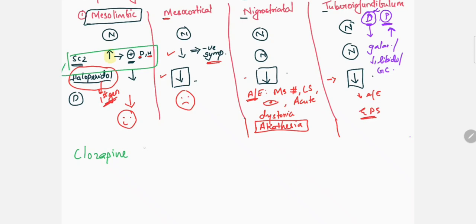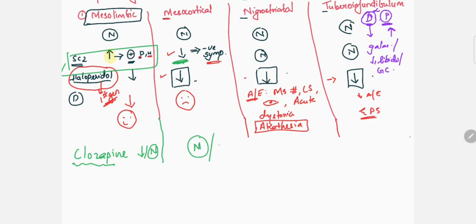Clozapine will decrease the dopamine levels, or bring them back to the normal range. And in the mesocortical tract, in a schizophrenic patient the dopamine levels have decreased, right? So clozapine will make it normal.